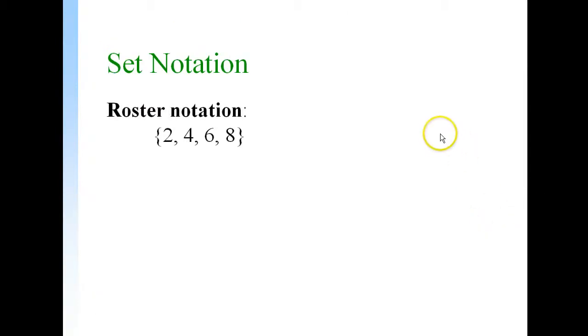Now, when we write numbers, this is another key word for vocabulary, we use what is called roster notation, where we put braces and then the items separated by commas.